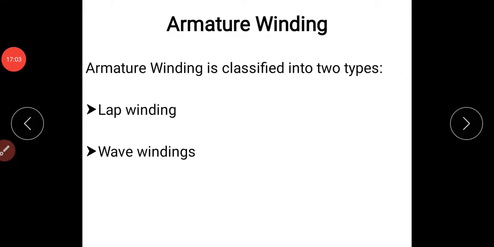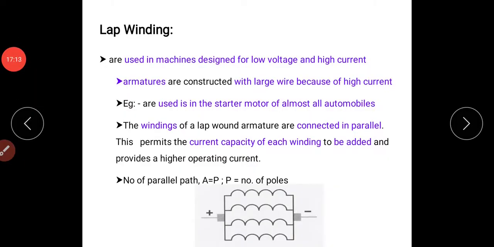The armature winding is classified into two types: first, lap winding, and second, wave winding. Lap windings are used in machines designed for low voltage and high current applications. Armatures are constructed with large wire because of high current, and are used in the starter motors of almost all automobiles.